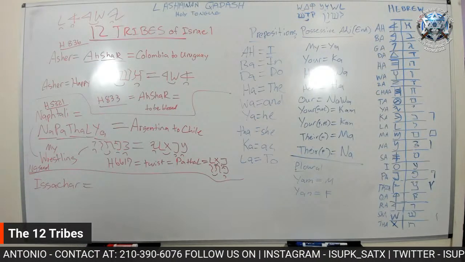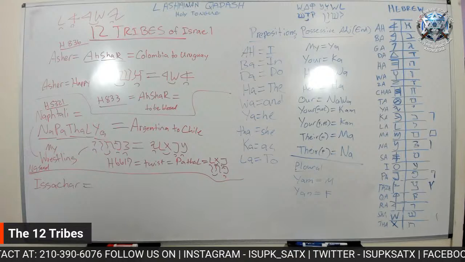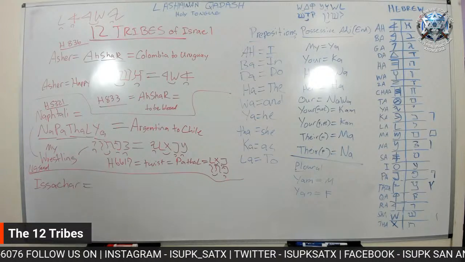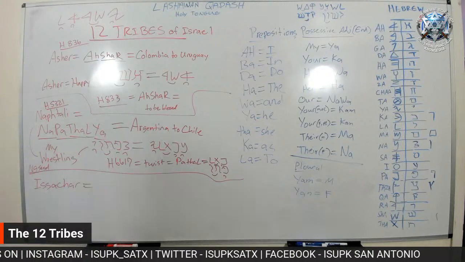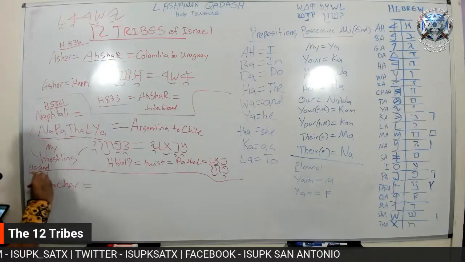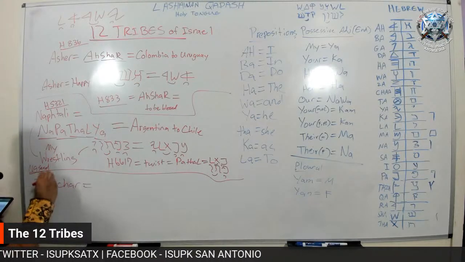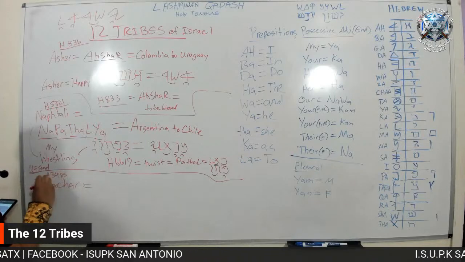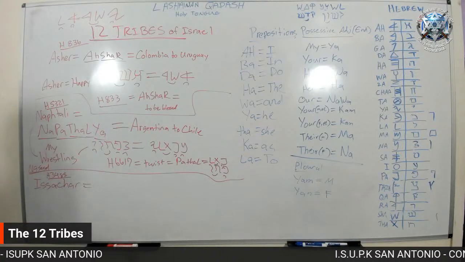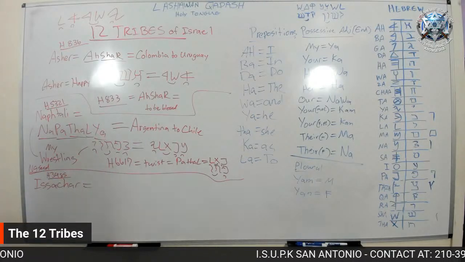Now we got Issachar. Issachar is going to be found in Genesis chapter 30, verse 18. The ID number is H3485. Yashikar.